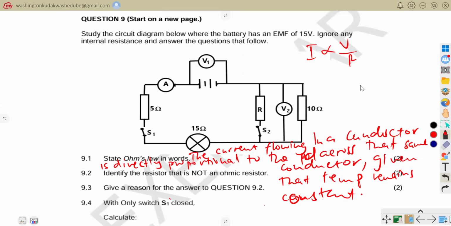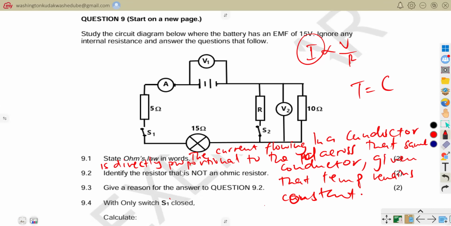So when you keep the temperature constant, the current flowing within a conductor will be directly proportional to the potential difference across that same conductor, and inversely proportional to the resistance.